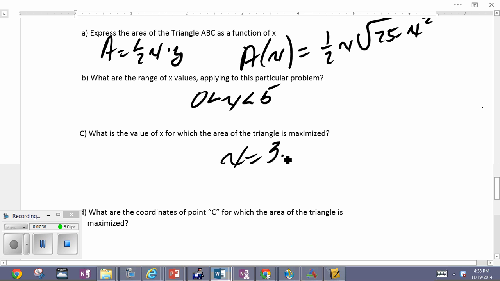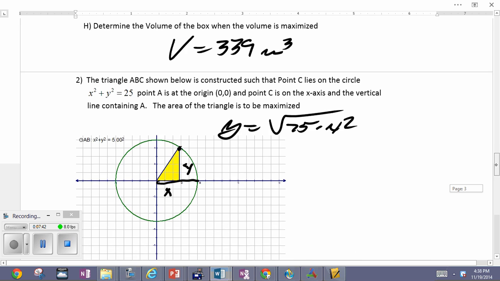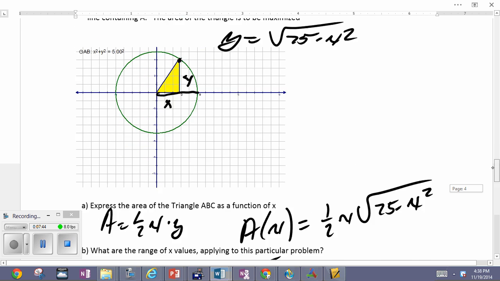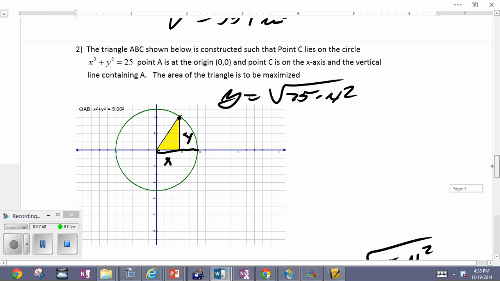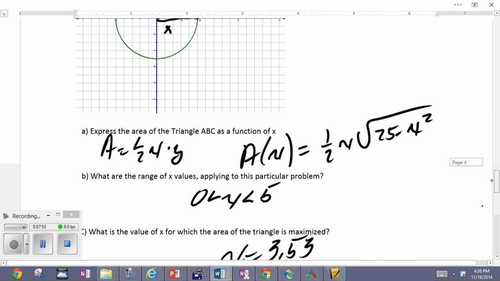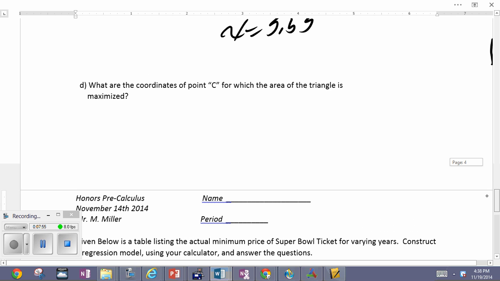What are the coordinates of C? Well, C is 3.53 and then 3.53 evaluated back in there, which I believe is going to be another 3.53. So that's 3.53 comma 3.53.